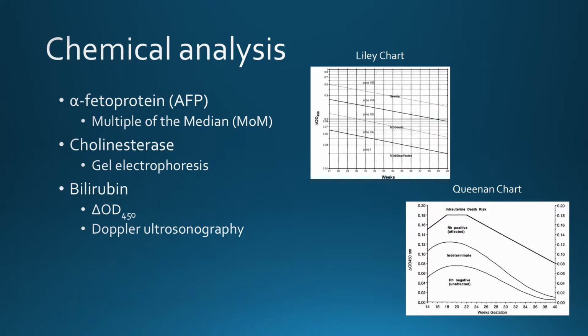What they've noticed is that AFP synthesis increases through the first 9 weeks and then slowly decreases until it stops being produced somewhere around the time of delivery. And then AFP, as it's produced, will get filtered out of the fetus by the urine, and it'll end up in the amniotic fluid. So we'll see increases in the concentrations there.